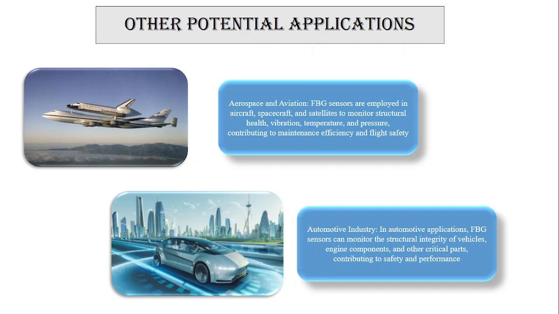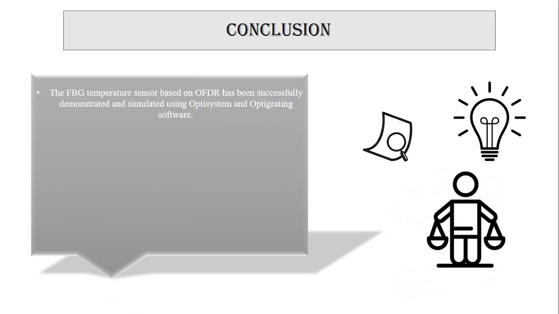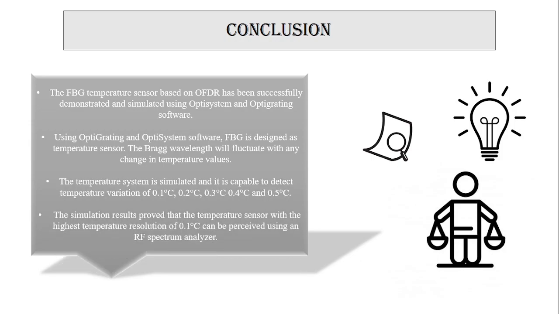safety and performance. And lastly, for the conclusion, the FBG temperature sensor based on OFDR has been successfully demonstrated and simulated using OptiSystem and OptiGrating software. Using OptiGrating and OptiSystem software, the FBG is designed as a temperature sensor. The Bragg wavelength will fluctuate with any change in temperature values.